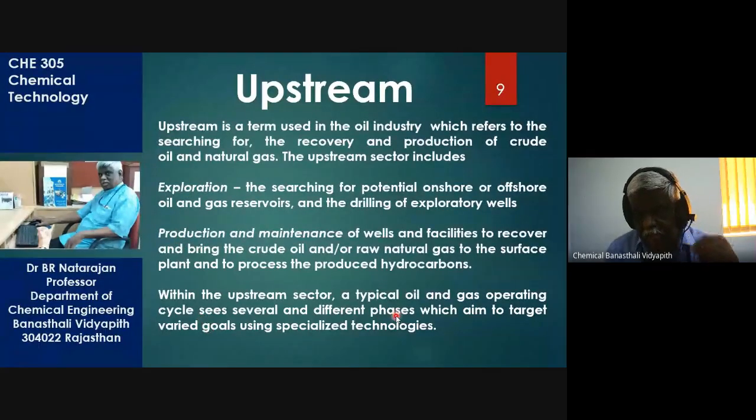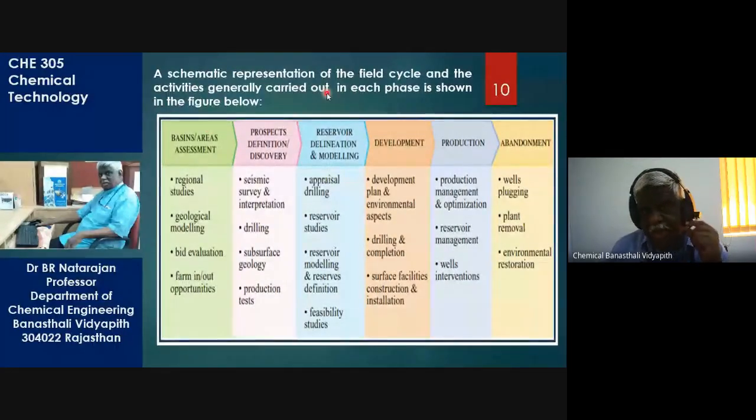Within the upstream, a typical oil and gas operating cycle sees several different phases which aim to target varied goals using specialized technologies. Remember, exploration and drilling is a very special operation for which a lot of patience and expertise is required. We'll see some of them. A schematic representation of what all happens in upstream is given here.